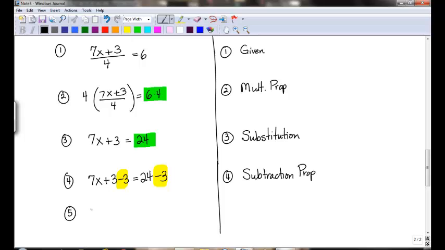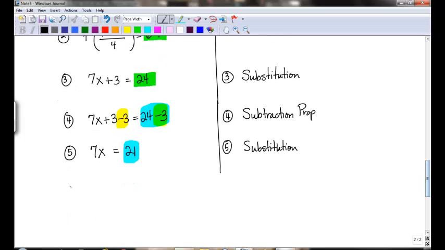Okay, then on the next line we'd have 7x equals 21. Careful, we got to give a reason here. What property says we go from this to this? Substitution, yep. Okay, and then somebody said it. What's the next one? Substitution. I spell right. Okay.